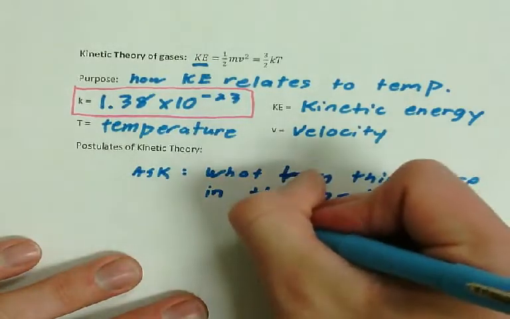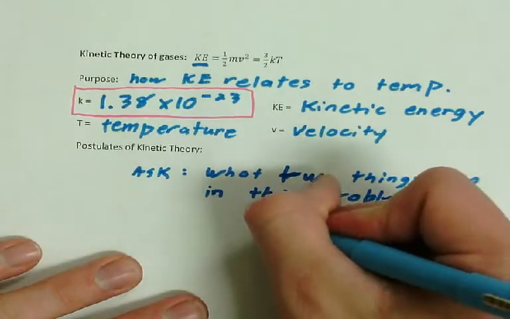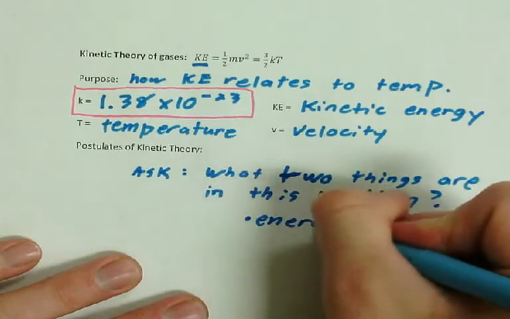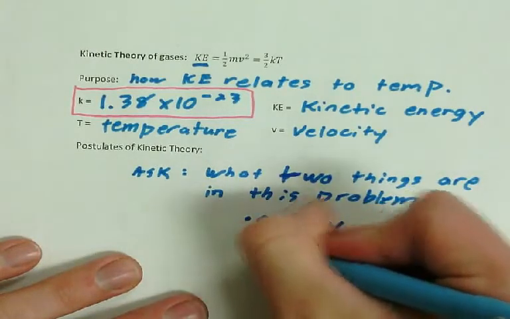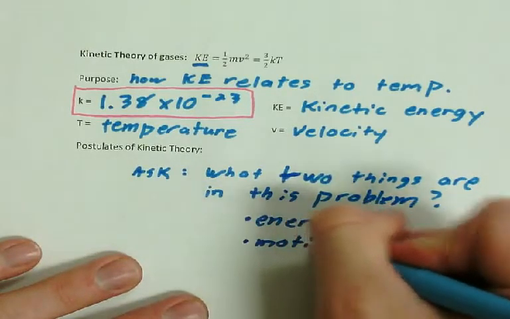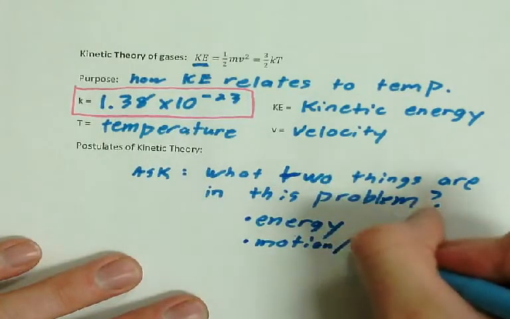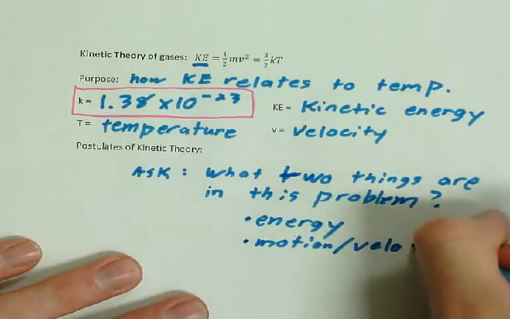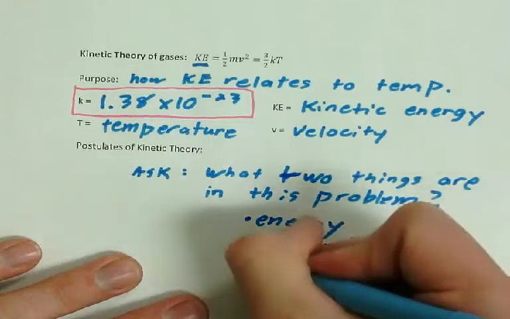And there are three options: energy, motion or velocity, and temperature.